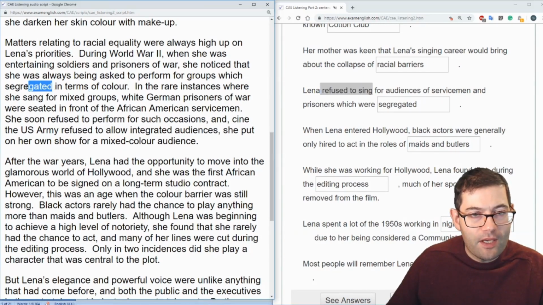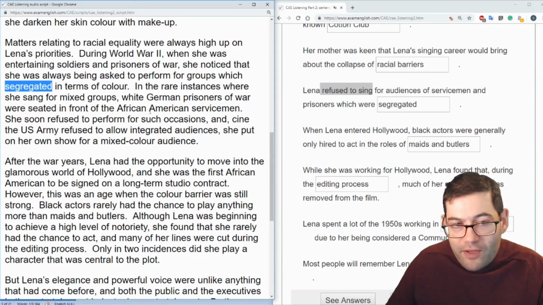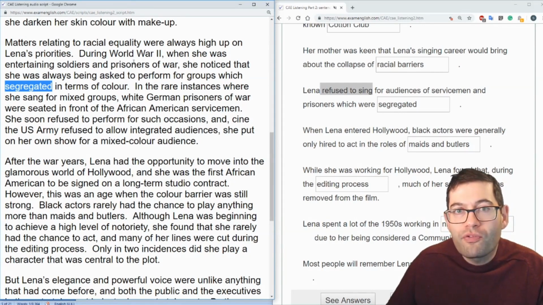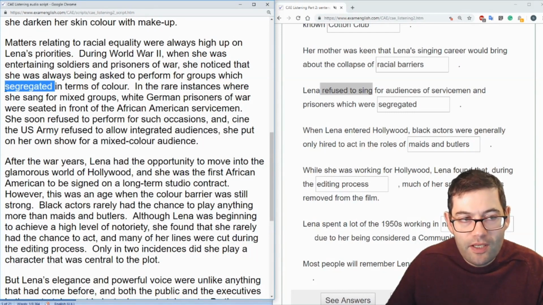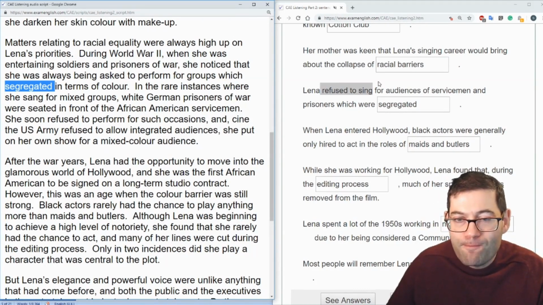At the beginning. Here we go. She was always being asked to perform for groups which were segregated in terms of colour. So here you've got to listen carefully. There's vocabulary links to the question all throughout this paragraph, but the one-word answer that we're looking for is in the middle of that discussion. So you've got to listen very carefully and pick out the correct details.